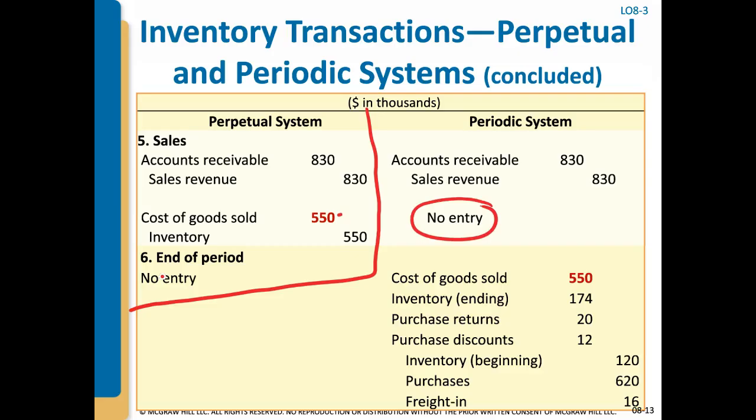And we have to close out all these temporary accounts. So I'll put a little check by all the temporary accounts. We had a debit for purchases and freight in for 620 and 16. So now we have to do a credit to close them out. And then we had a credit for purchase returns and discounts.